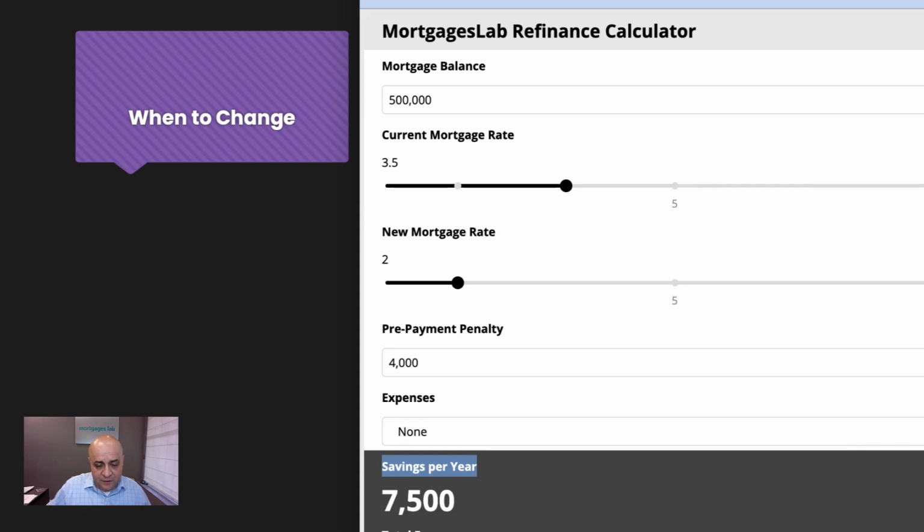So I prepared another example where you have a $500,000 mortgage, and let's say you are 4 years into a fixed rate and you have 1 year to go. Okay, you have 1 year to go on your 5-year fixed term at 3.5%. And now you have the opportunity to change that to a variable rate at 2%. Okay, so again, from 3.5 to 2%.